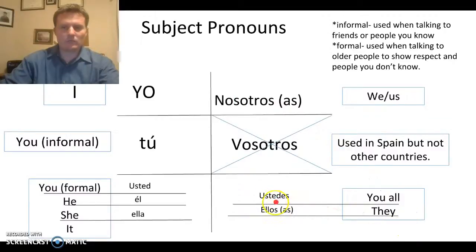So the ustedes is you all, and the ellos is they. And notice how there is an AS as well on this one. And that is simply because if you're talking again about girls, it's going to be ellas. Now, if there's a mix of guys and girls, just like in nosotros, then it would default to the masculine ellos.